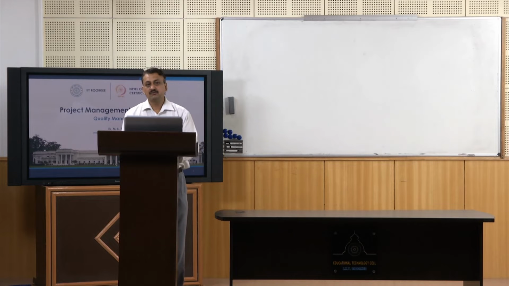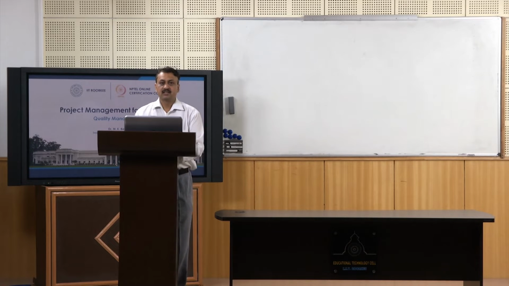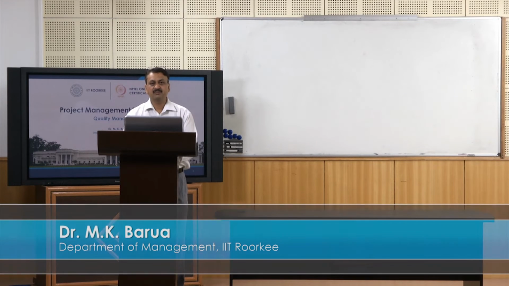Okay, let us move on to the new topic, and it's about the different sources of variability in a product. As I said, every organization wants to produce a quality product, but because of certain reasons they do not achieve this particular objective, and there are multiple reasons.